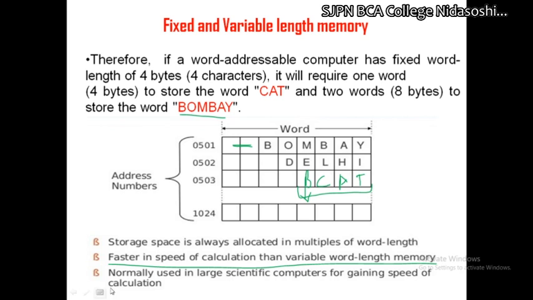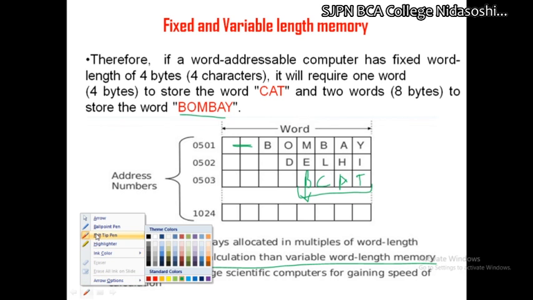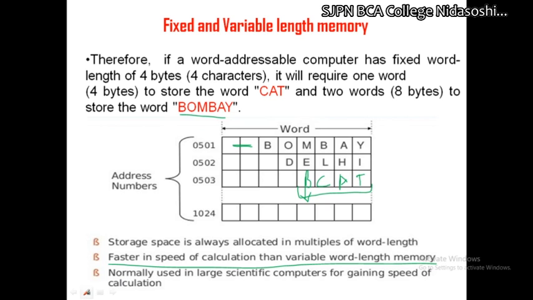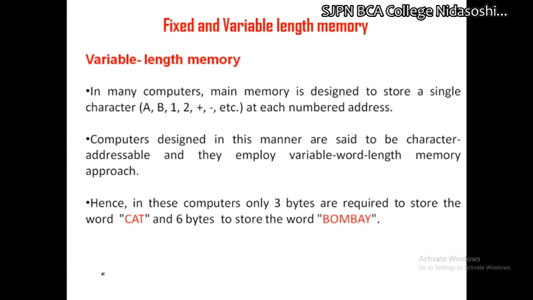And what about variable length? In variable length memory, in many computers, main memory is designed to store a single character. You know every mobile and every computer has a main memory. How is it designed? The main memory is designed to store only a single character, not a word.